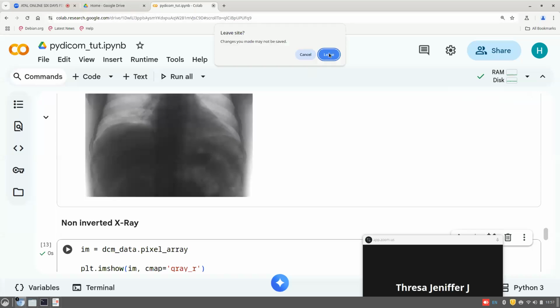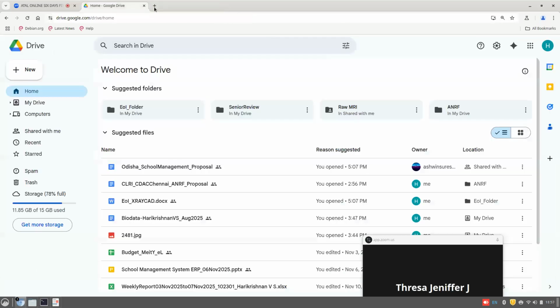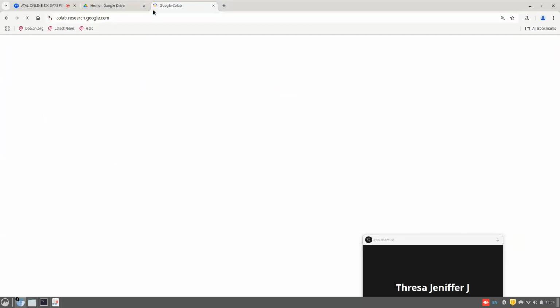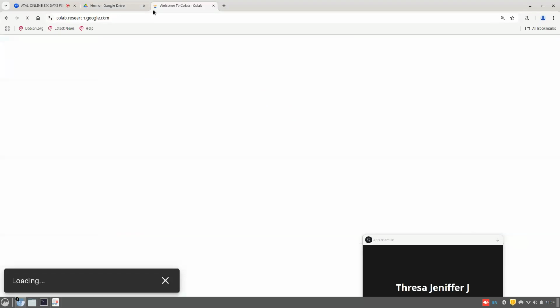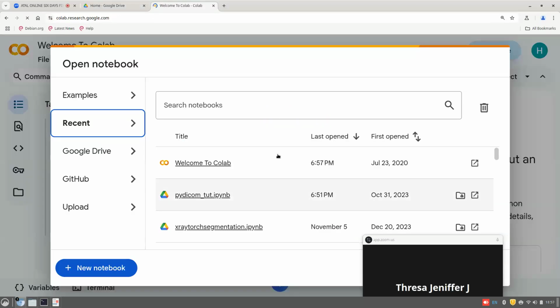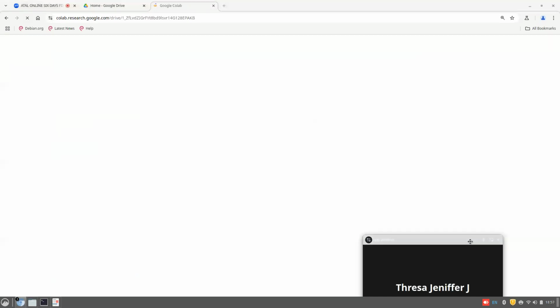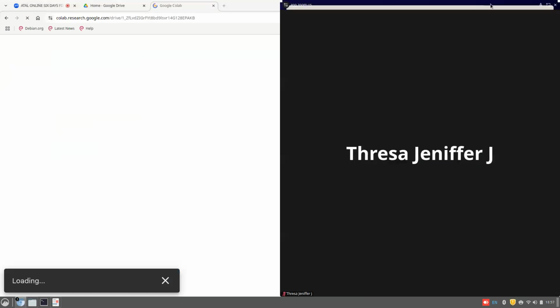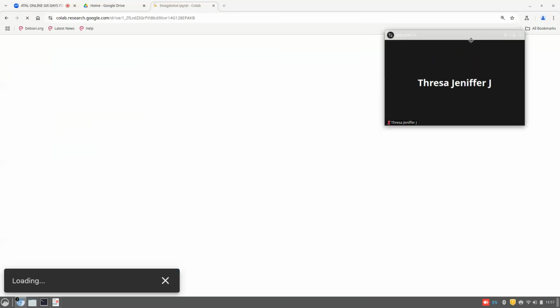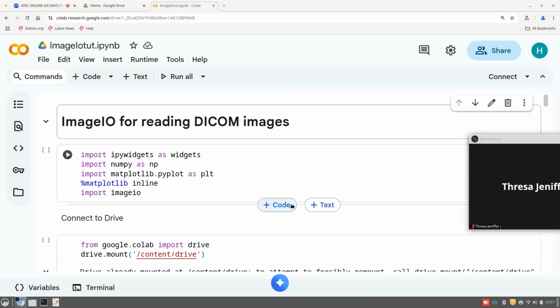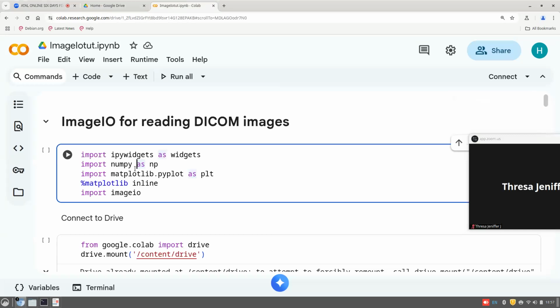There is another, more interesting library called ImageIO, also in Colab Python, which you can use for working on 3D CT scan images. Let's see how it is different from the PyDICOM library.